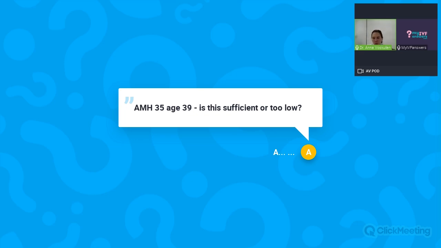But what we do have a consensus on is that less than 1.2 or less than 1 would be a low ovarian reserve, a low AMH, and more than 2.5 would be a very high and optimal ovarian reserve. So the normal range would be between those.